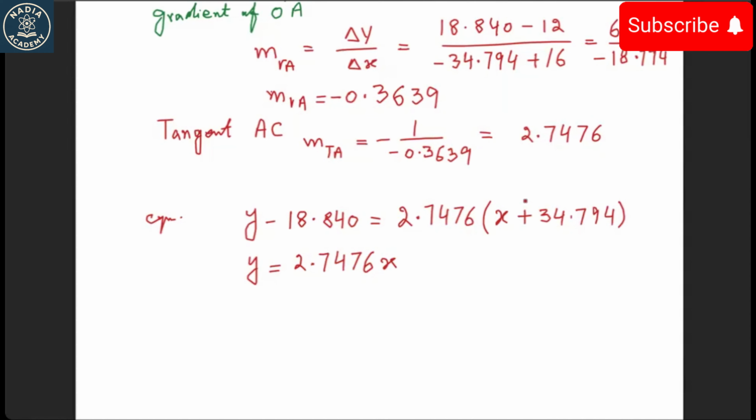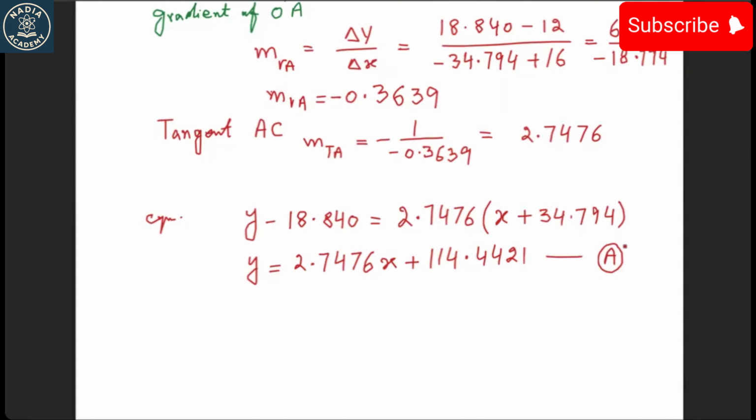And then you need to add it to the product of 2.7476 with 34.794, and the answer will be positive 114.441. So this is our equation, and we can call it equation A, because this belongs to the tangent A.